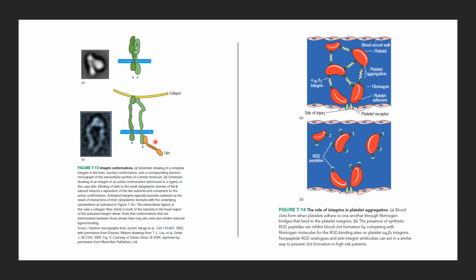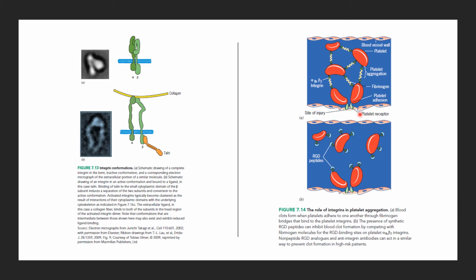In here you will see the attachment of talin. When this talin is attached to one of the ends of the integrin conformation, it gives the signal for these integrins to be attached to different components like your collagen. Also, it has a role in platelet aggregation.